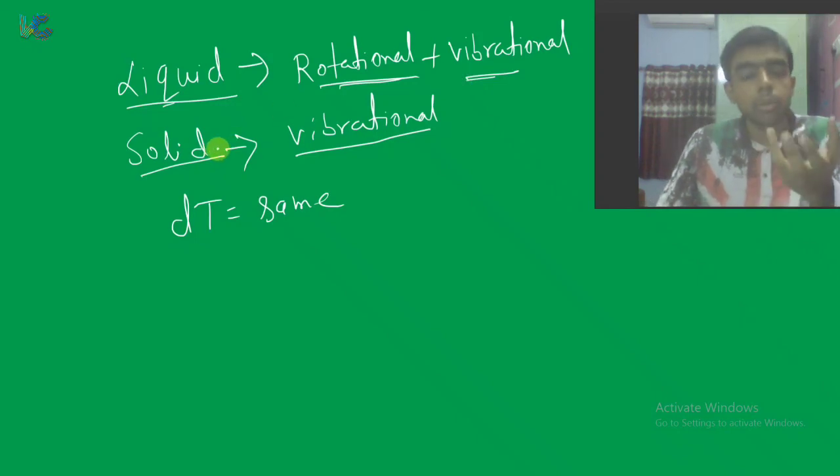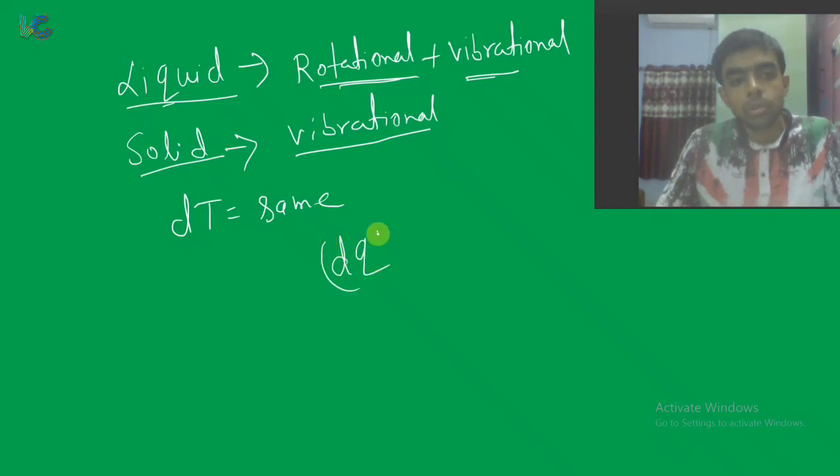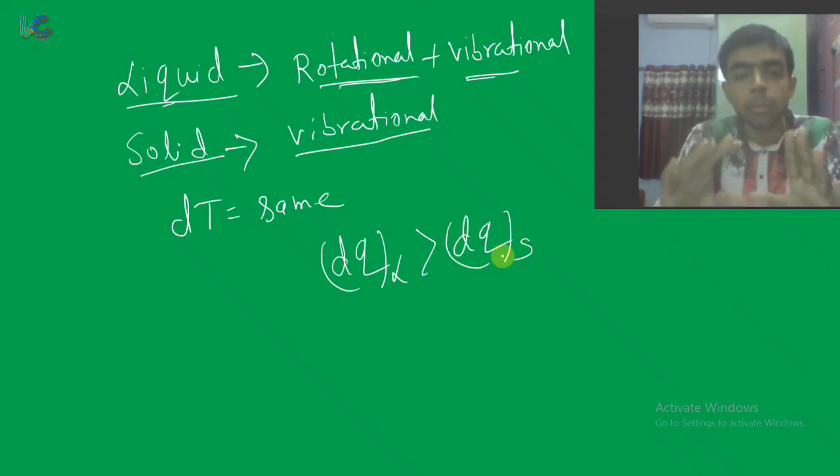But in case of solid, the heat taken by the solid will be transferred to vibrational degrees of freedom and it will start increasing the temperature. That means in case of solid, less heat is required to generate the same temperature difference than liquid. That means dq for liquid is greater than dq for solid to generate the same temperature difference.